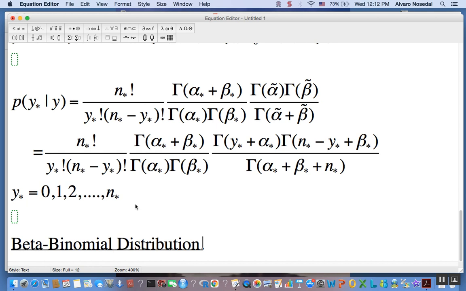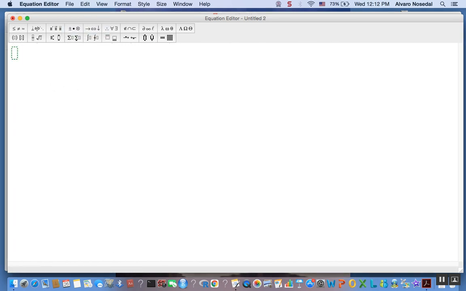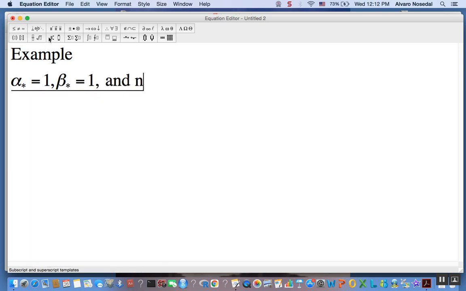Okay, now let's do an example, to make things more concrete. So how about alpha star, and remember that alpha star represents the parameter of our posterior distribution, equal to 1, beta star equal to 1, and n star equal to 3.